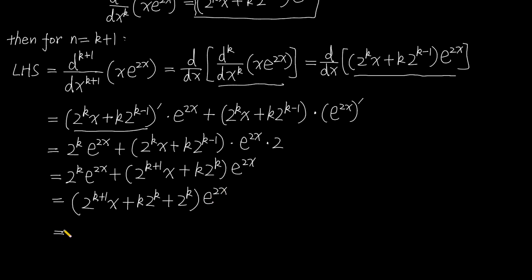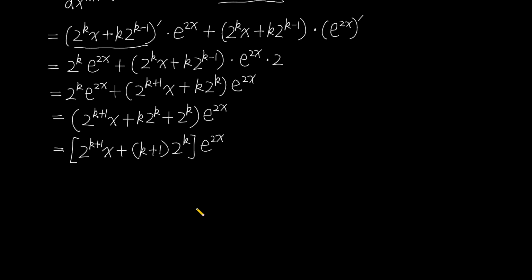That equals, here is 2 to the power of k plus 1 multiplied by x plus, we combine these two together. So it's (k plus 1) multiplied by 2 to the power of k multiplied by e to the power of 2x. So this is the left hand side.